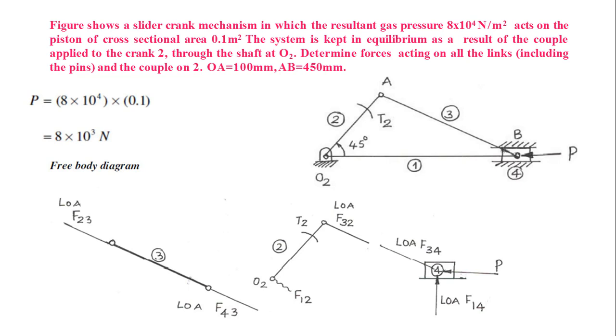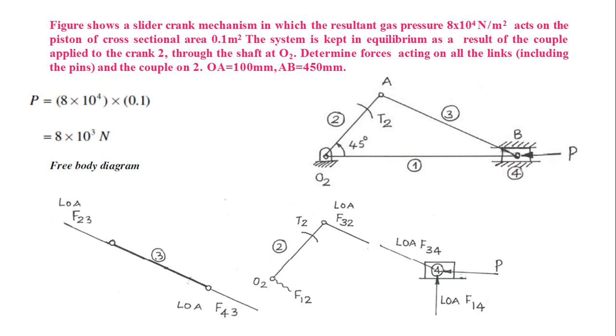Sometimes the pressure will be given indirectly, and if you want to convert it into a normal load, you can use the help of the cross sectional area. You know that pressure is nothing but force applied per unit area.